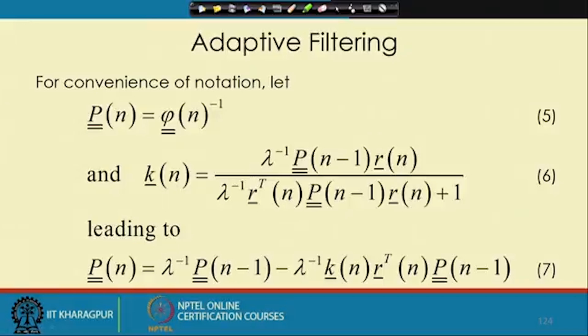By that assumption, the new value of P n we can write in terms of P n minus 1 and k n with the remaining terms, the transpose of R n and P n minus 1. It not only looks better, it becomes a more readable expression.